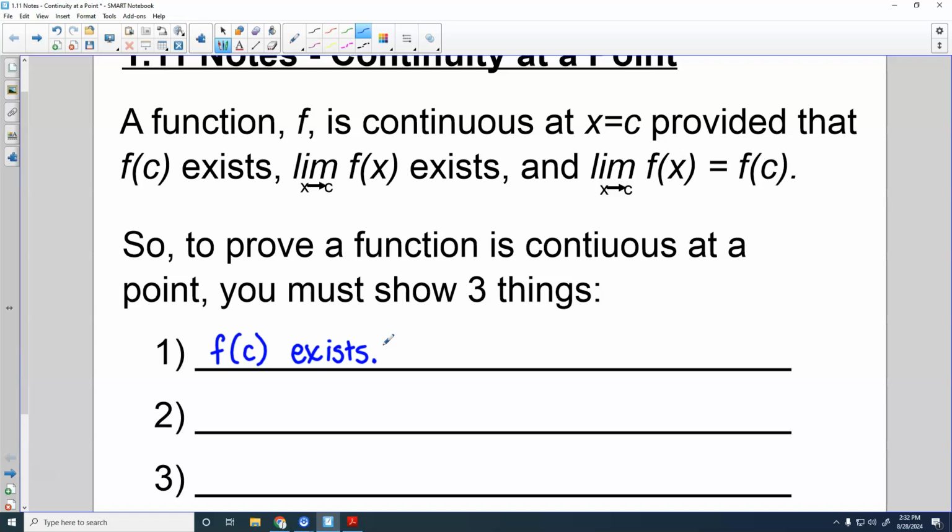You need to prove next that the limit as x approaches c of f of x exists. Okay?